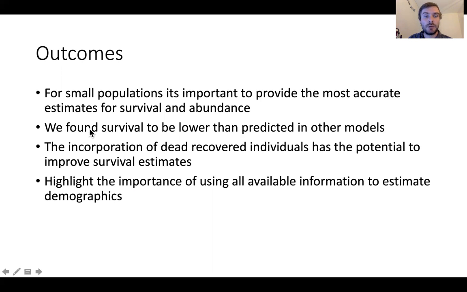And we're hoping that the inclusion of information from the dead recoveries has the potential to help improve the survival estimates for the species, and it highlights the importance of using all the available data. So rather than just using the live recaptures, incorporating dead recovery can help inform the parameters as well.